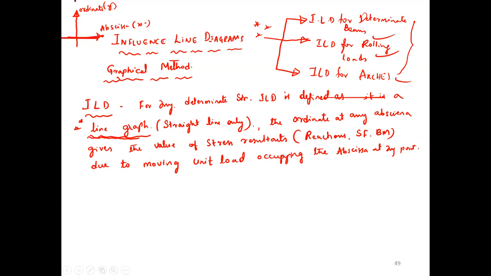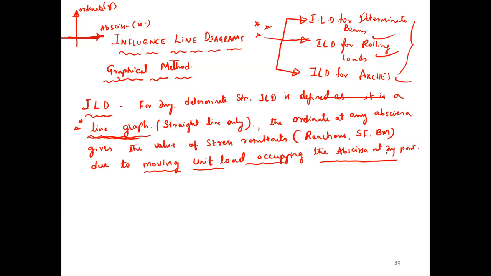This is the XY graph. On the x-axis or on the ordinate? On the abscissa. That is very, very important, because the moving unit load occupies the abscissa. So this kind of MCQ is simple.